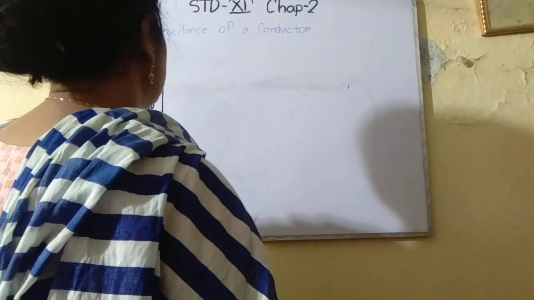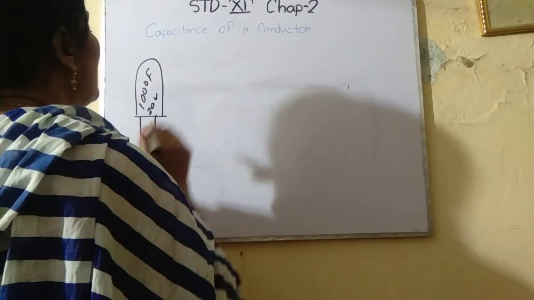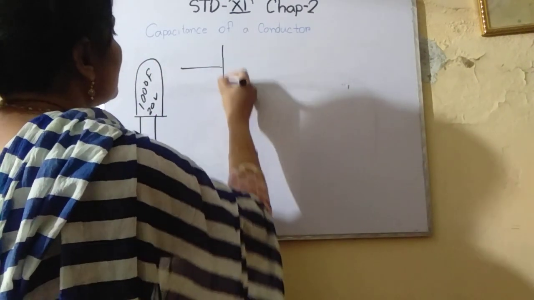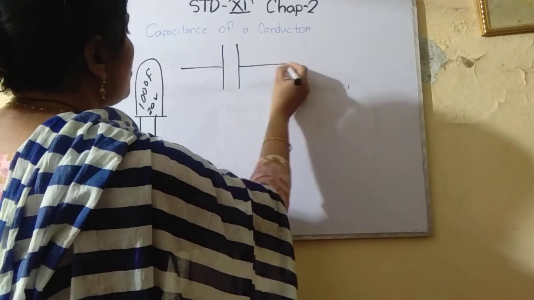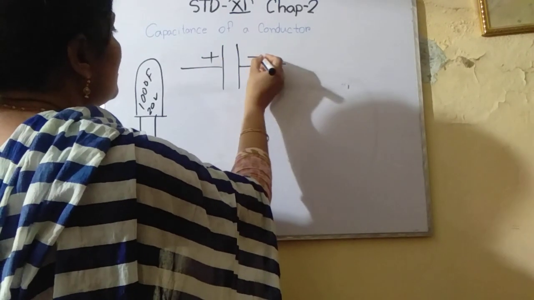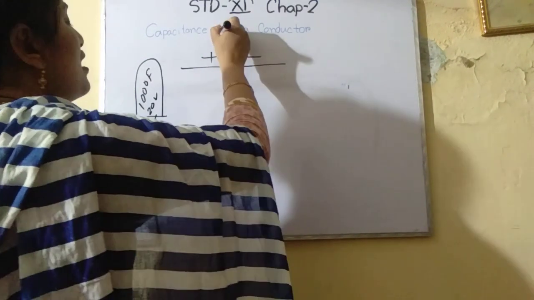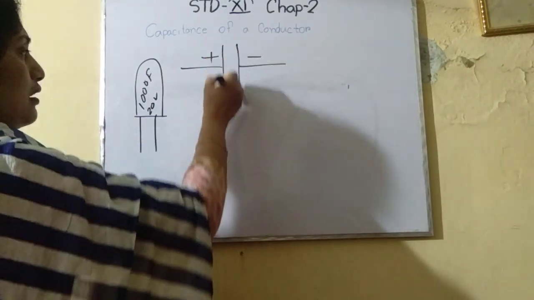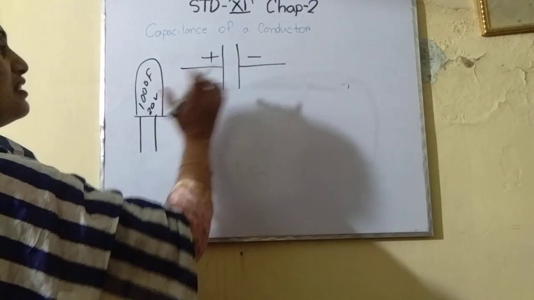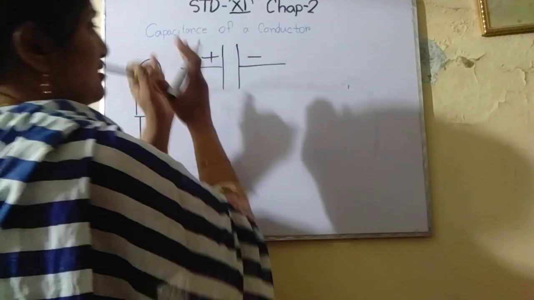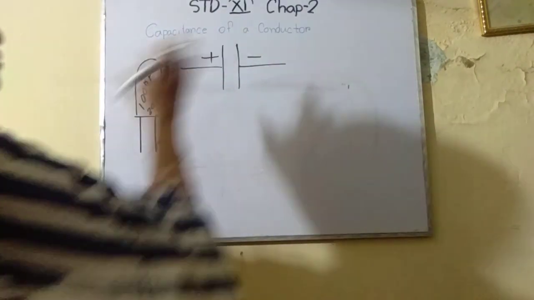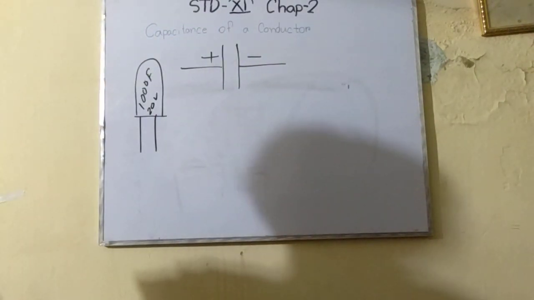That is a capacitor. Its symbol is like the cell, but not totally like the cell, because in a cell one arm is longer and another one is shorter, but here two arms are the same. So it's the symbol of the capacitor.